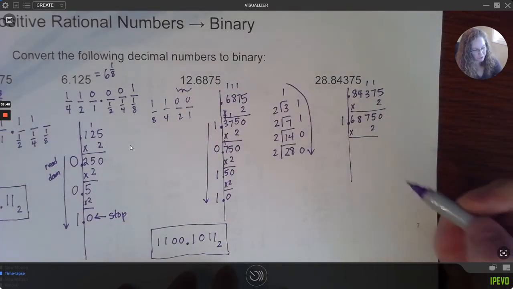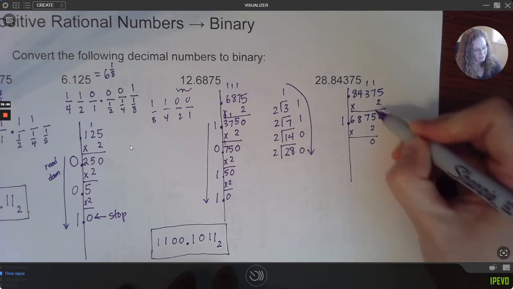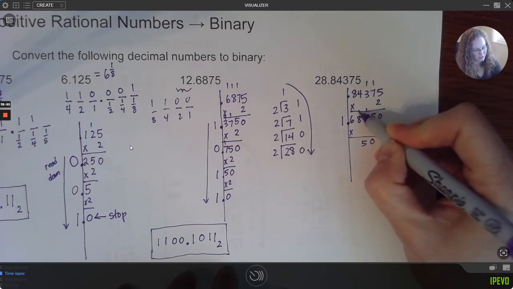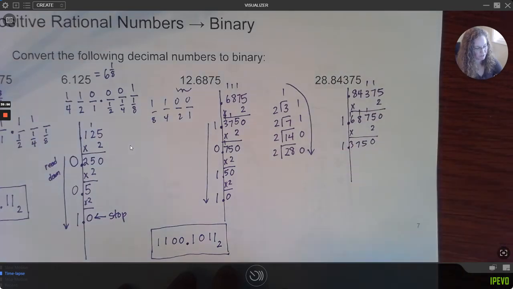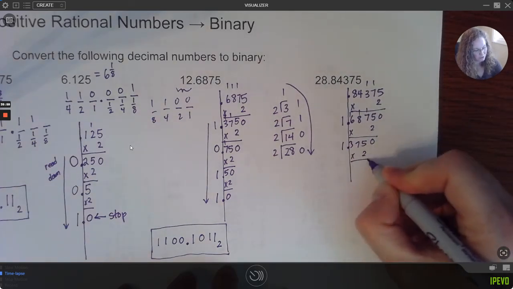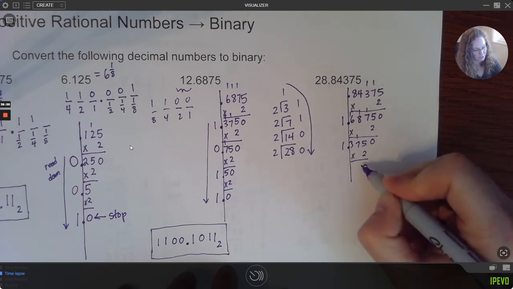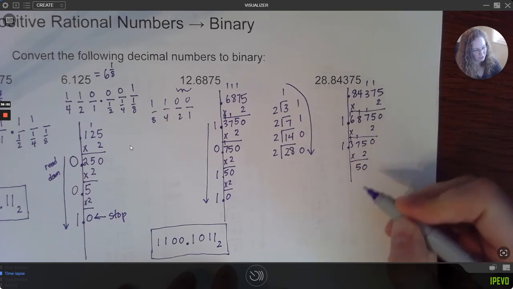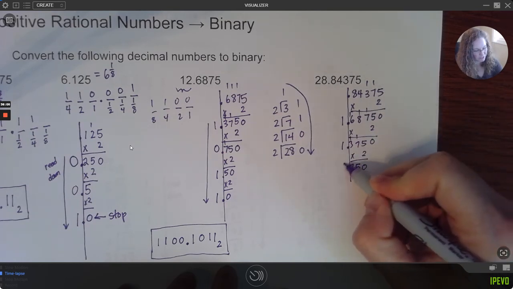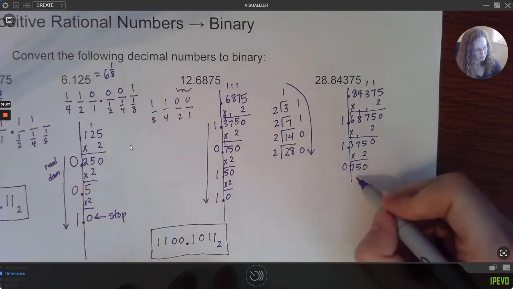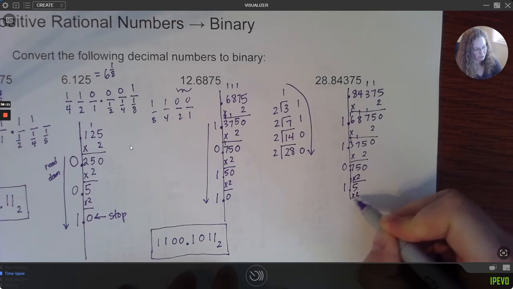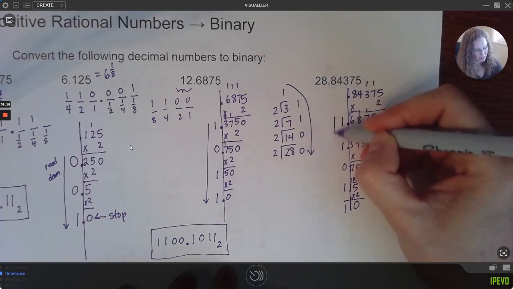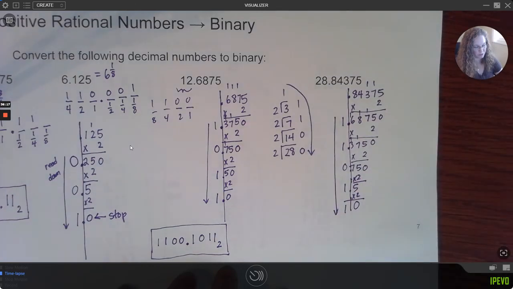So we're going to get 10 carry the 1, 15 carry the 1, that's 17 carry the 1, and 13, so 1.375 times 2, that's 10 carry the 1, that's 15 carry the 1, and that's 7. Don't forget your 0. Multiplied by 2, that's 1.5, and multiplied by 2, that's 1.0. And we'll read these down as well.